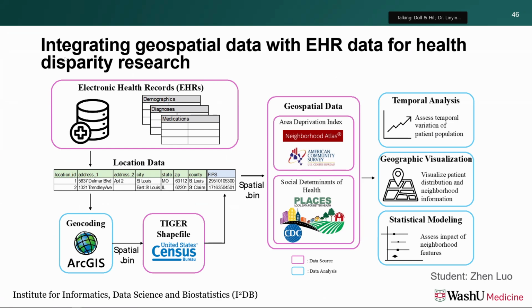So I have a student who works on geocoding patients' records and integrating them with other geospatial datasets, like the American Community Survey and other survey data, to capture social determinants of health. We can use that for temporal analysis of patients, looking at geographical distribution, and also, through statistical modeling, understanding the impact of SDOH on treatment assignment or outcomes.